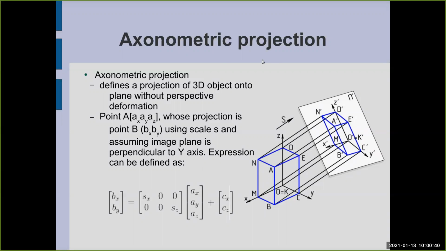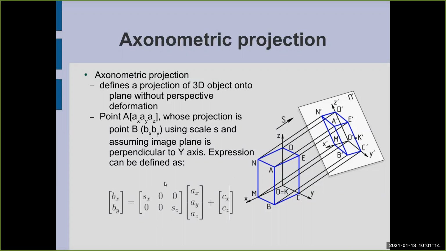But axonometric projection can be calculated. The position of every point on a two-dimensional plane can be calculated also by using matrix multiplication. So it's enough to know the position of the point in three-dimensional space, and we have to have a projection matrix and the offset of the projection plane.